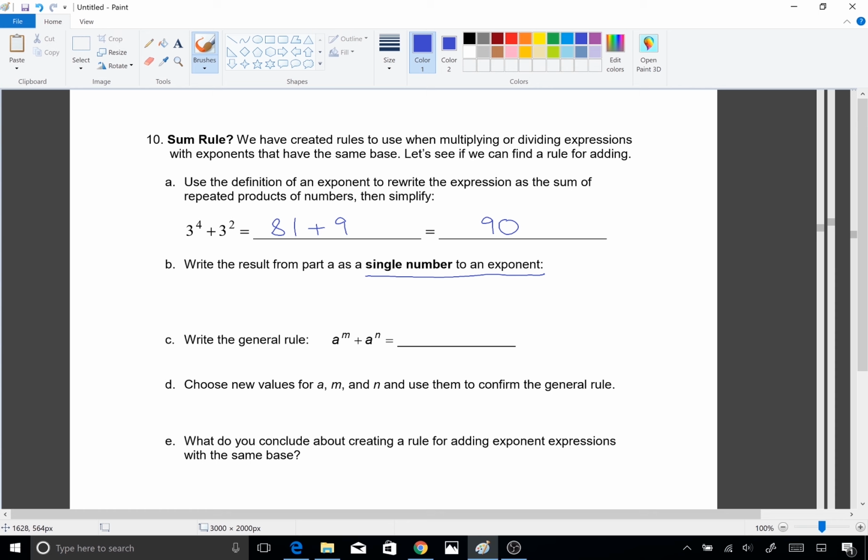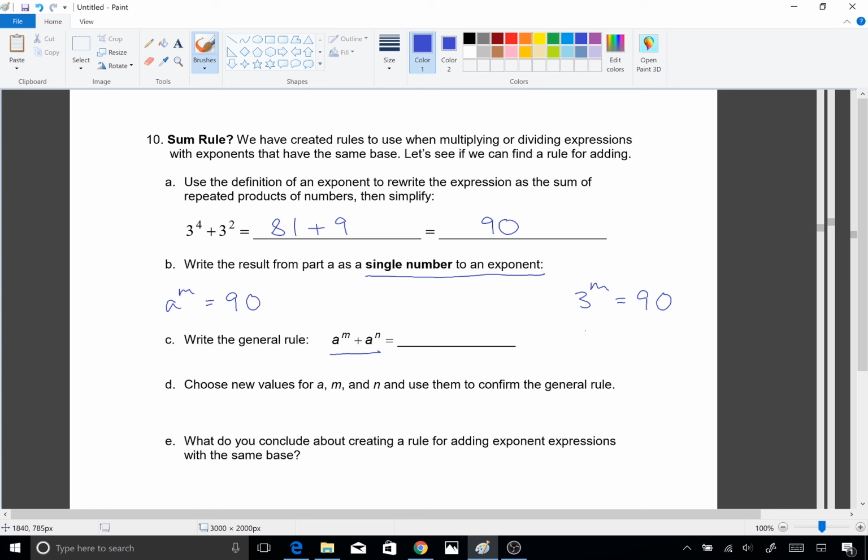Well, there are ways, but I can't think of any obvious integers that would make a to the m equal 90. And you can see that the rule wants the same base, so we need some power of 3 to equal 90. We would have 3 to the m equal 90. And that's not going to be easy to find.